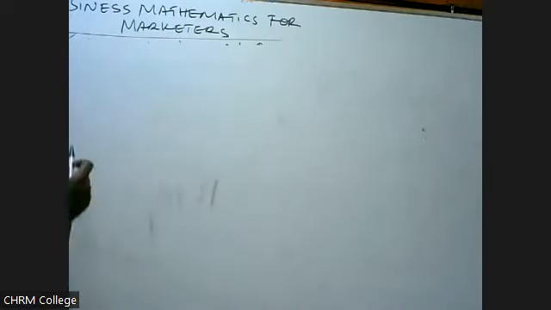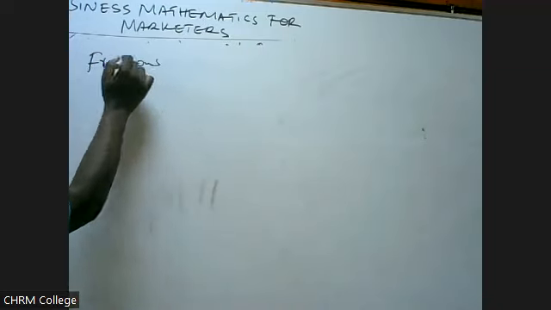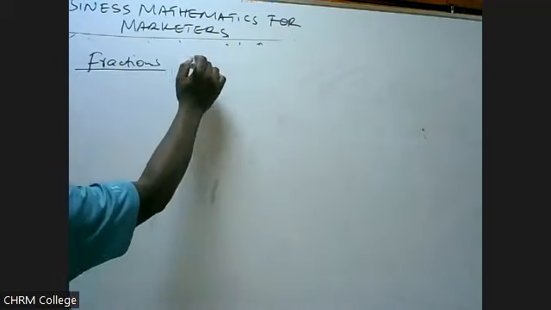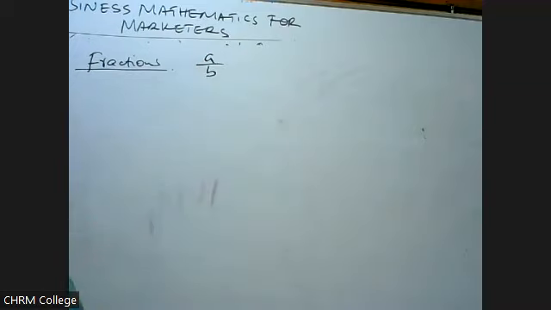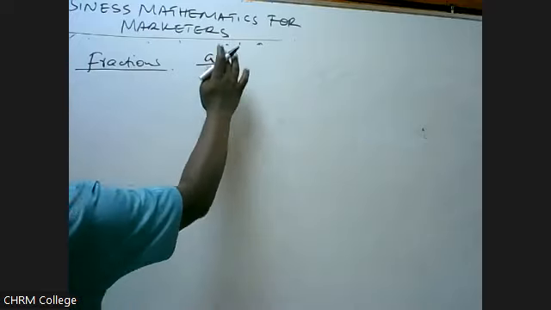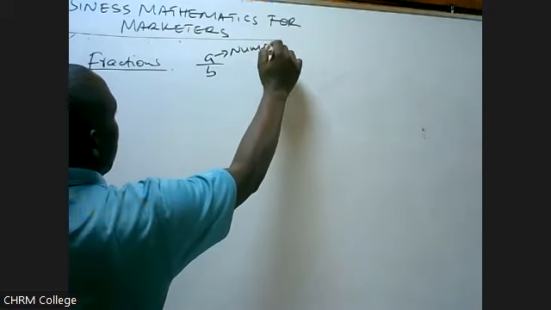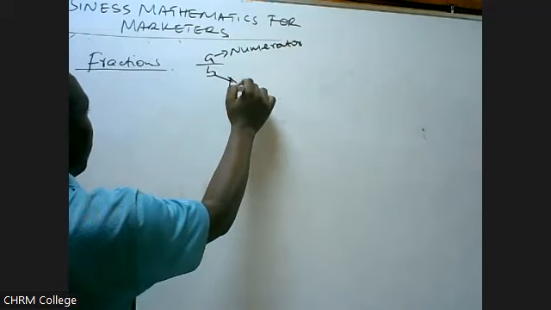Now we can do the fractions. So a fraction is a number that is written in form of A over B. Any number that is written in form of A over B is known as a fraction, where A, the number that is at the top, is known as the numerator, and the number that is below is known as the denominator.